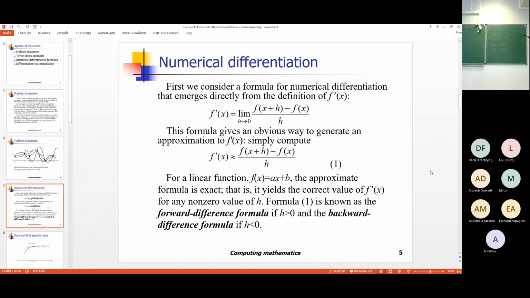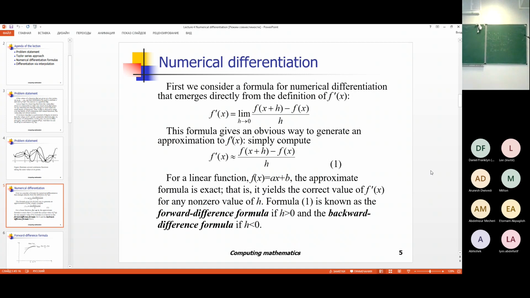In theory, to find the derivative, we should compute the limit when h is very close to 0. But actually, this formula gives us a very simple way to find an approximation to the derivative. Let's consider some fixed value of h, small but fixed.